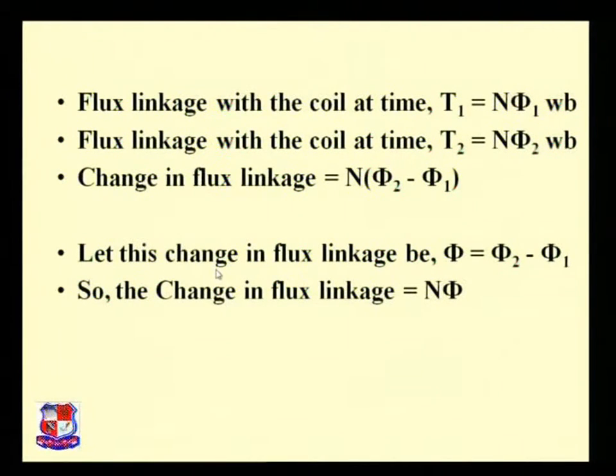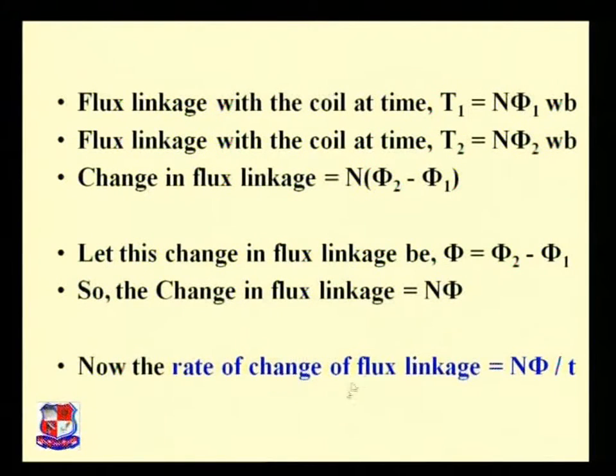As per Faraday's law, the change in flux is phi2 minus phi1, and we can simply put phi for this difference. So the change in flux linkage is N phi. Now the rate of change of flux linkage is N phi by T, since the rate of change is with respect to time, so we divide by time.